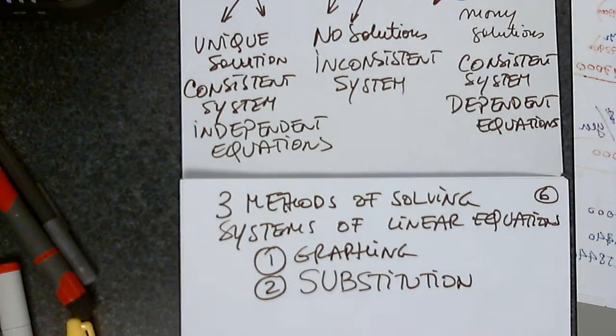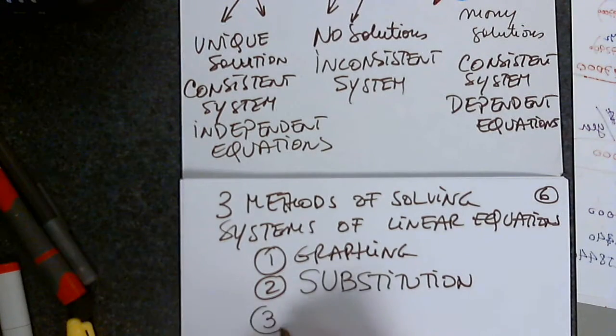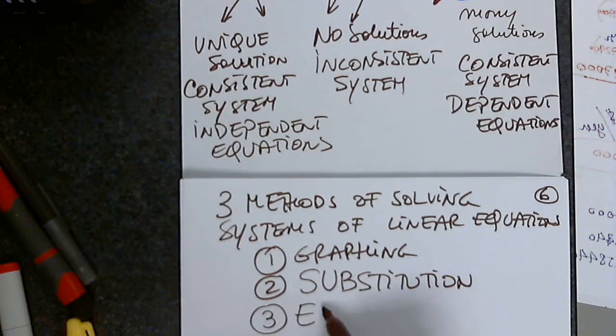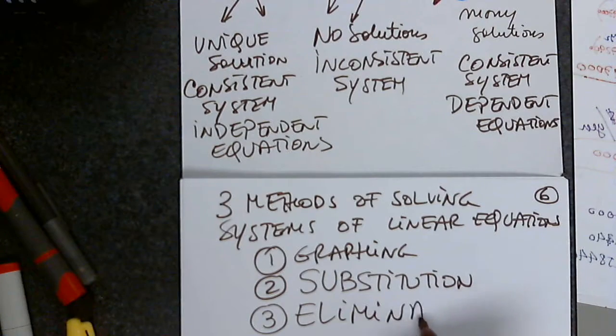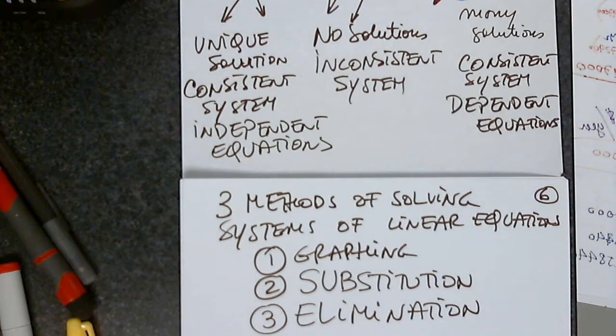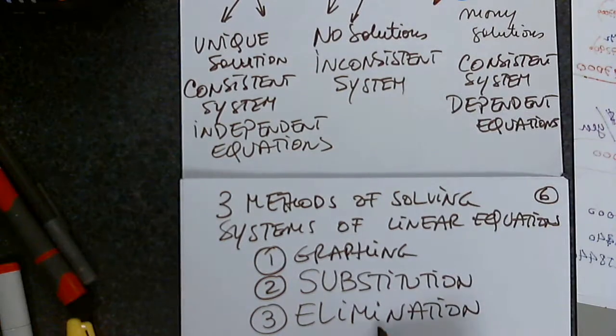We solved one equation for a variable and plugged it in the second one. And the third one, some books call it the addition method. I prefer to call it the elimination. It doesn't matter, you choose. I eliminate a variable. Substitution is also eliminating a variable anyway. So elimination, I'm going to put in parentheses the adding method also. Same thing.